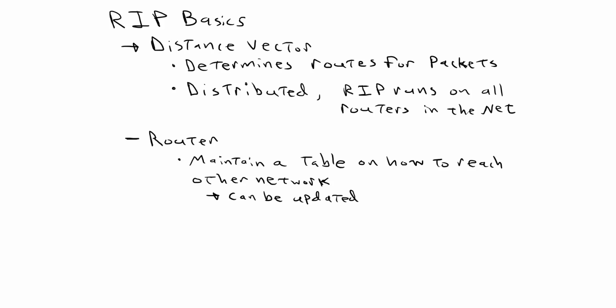Each router is also going to have what we call a distance vector, going again back to the name of the method of how we implement RIP. This distance vector is what it advertises to other routers.